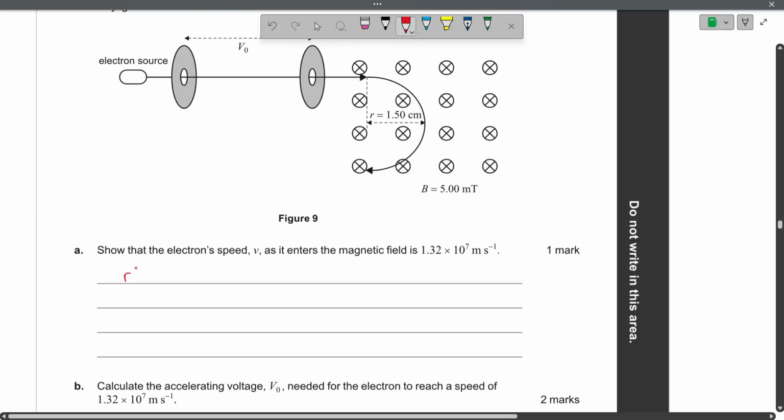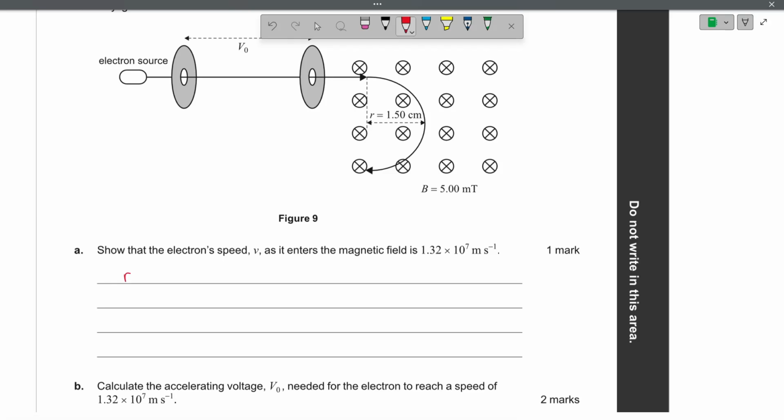I think it's also on the data sheet that's given to you. R equals mv over qB. Again, R is the radius of the circular path that the charge will take. m is the mass of that particle, v is the velocity of that charge, q is the charge of the charge, and B is the magnetic field strength. All right, we've got all that information here.